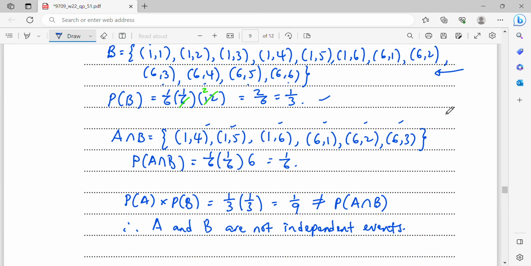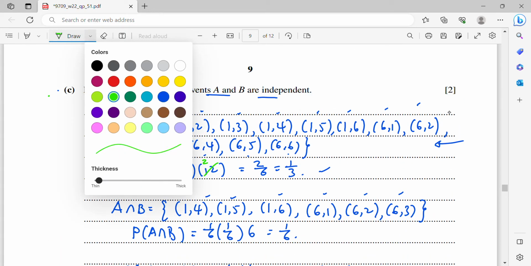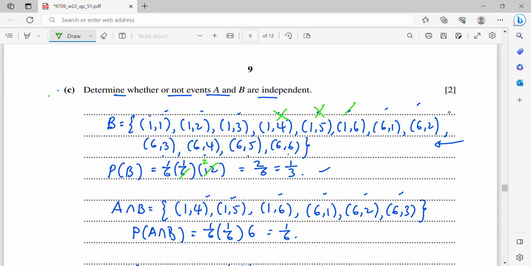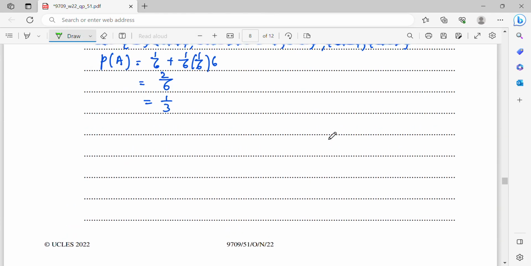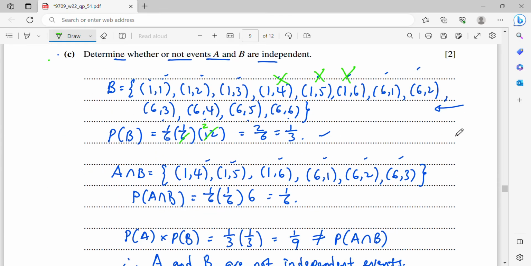Because I need to get the A prime. A prime means does not belong to the A. So I have to exclude those belonging to A.